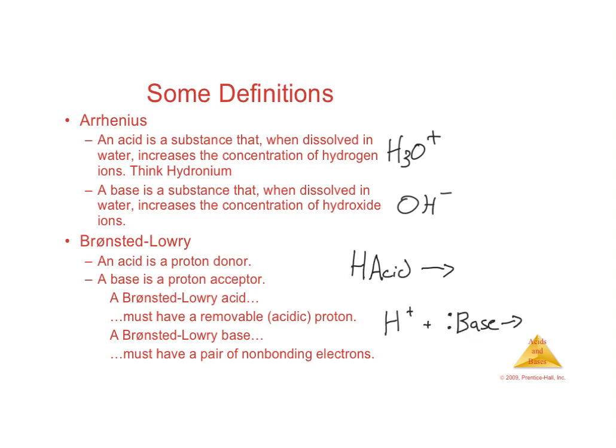In the Bronsted-Lowry definition, an acid is a proton donor. The acid must have a removable acidic proton or acidic hydrogen that gives off H+, and a base has a lone pair of electrons that accepts a proton.